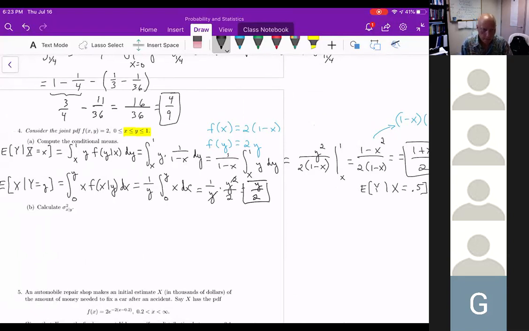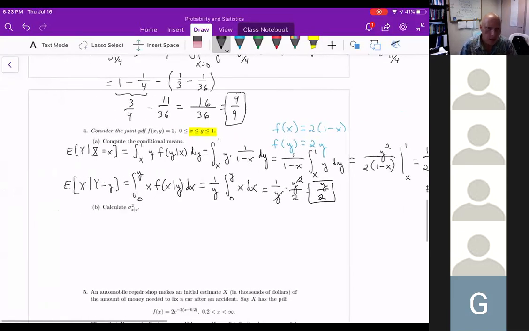We haven't tackled B yet, but let's take a look at that. This is the first time that you're seeing variance, or conditional variance in this case. So we want the conditional variance of x given y.